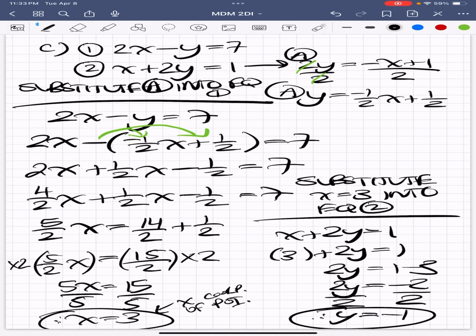There you go. And then we have our therefore statement. POI is (3, negative 1).